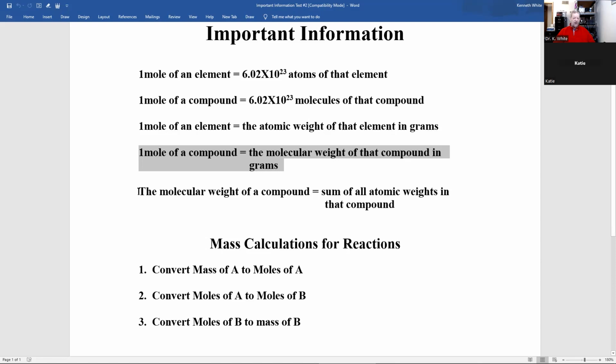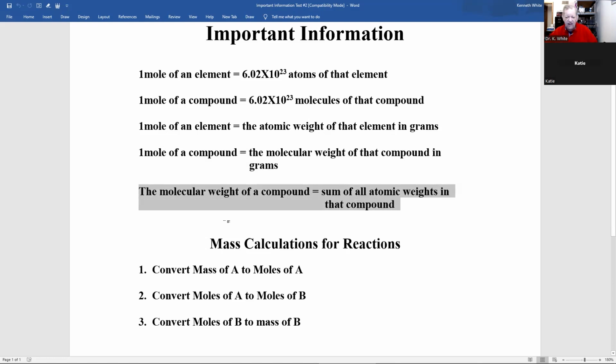And what we just went over, I also give you: the molecular weight of a compound is the sum of all atomic weights in that compound.